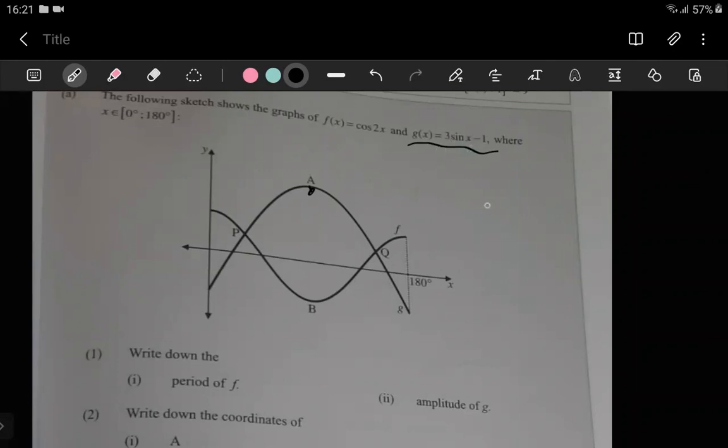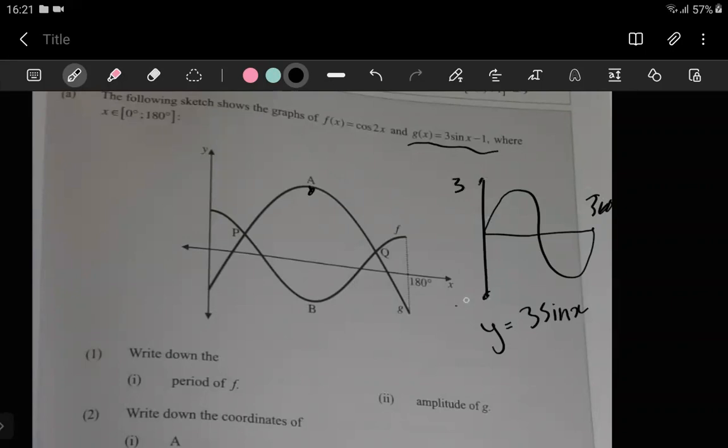the graph of G is a sine graph. So if you think of it nicely, this sine graph from 0 to 360, if the equation was y is equal to 3 sine x only, it means up here would be a positive 3, down here would be a negative 3. And then this would be 0, 180, 360.